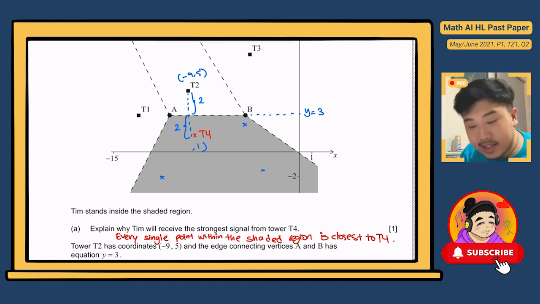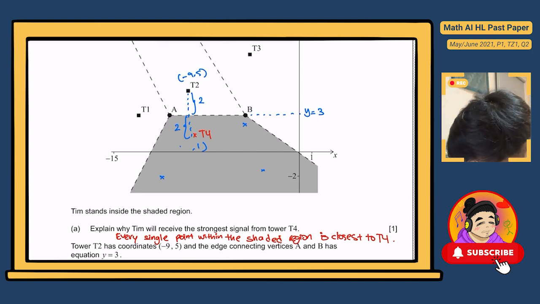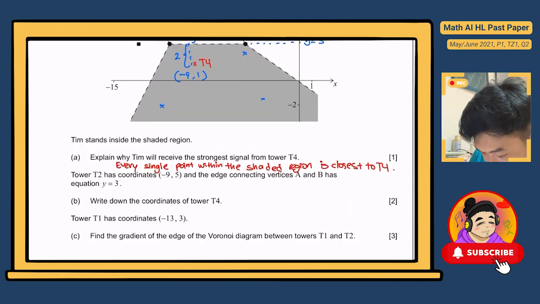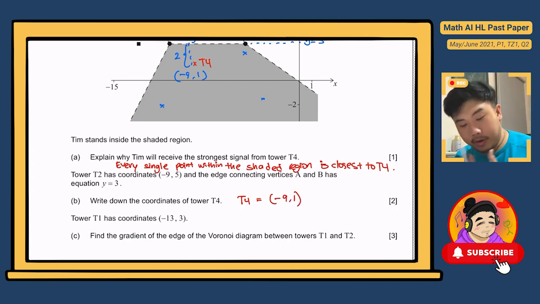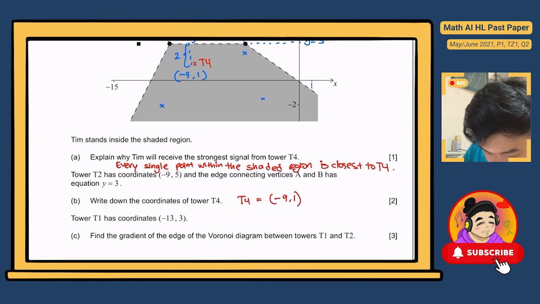What about the x-axis? Because AB is perfectly horizontal, the x-coordinate stays the same, meaning that T4 has coordinates (-9, 1). Perfect. Tower T1 has coordinates (-13, 3). So I'm just going to put this here, (-13, 3).